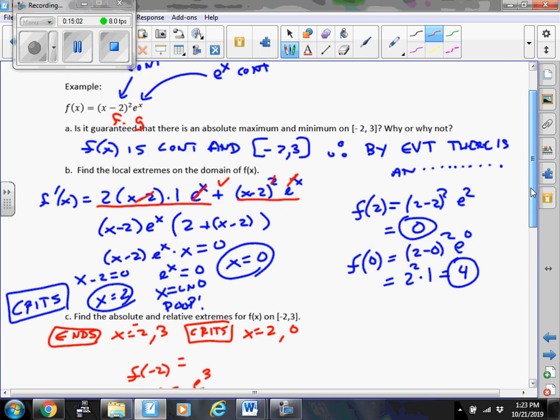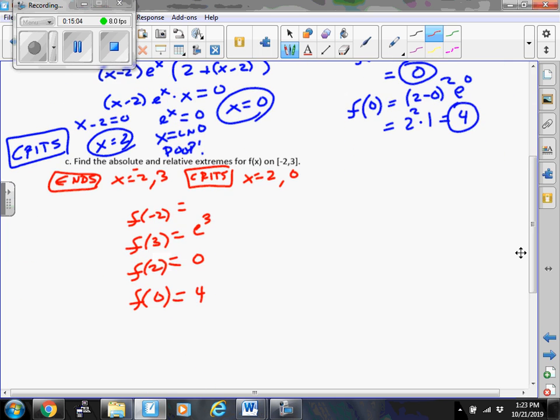Of course, you get 16 e to the -2, but that's just 16 divided by e squared. I don't know what that number is, but it certainly isn't a very big number. e to the 3 is about 25; you can check it in your calculator. This guy is about 2-ish.